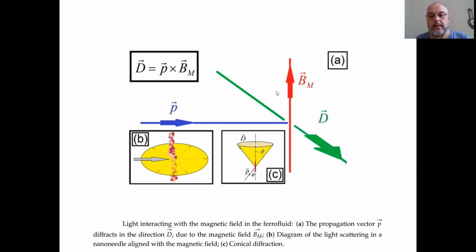Because the magnetic field creates some structures inside the ferrofluid due to the formation of the columns of nanoparticles. When light interacts with these structures, they are oriented by the magnetic field, and light is scattered in some directions like this.